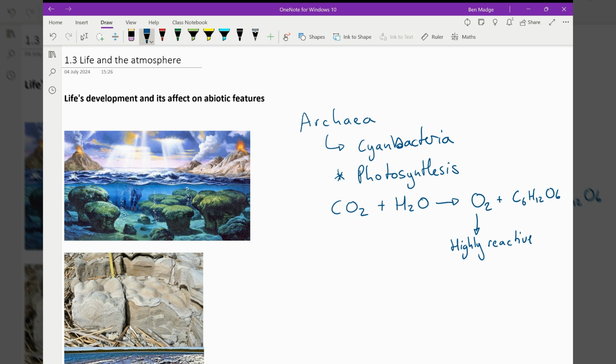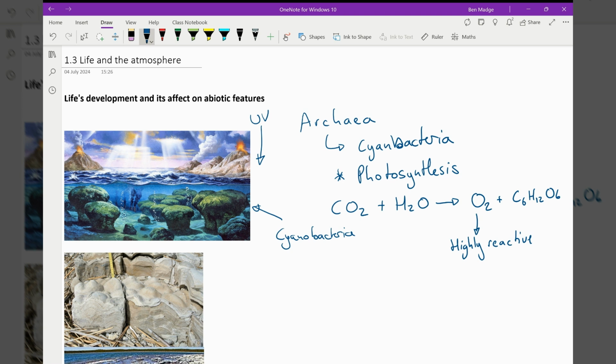As this developed and changed, we had these structures developing in the early ocean, and these are called stromatolites. So here we see this picture of this a cyanobacteria colony in like an early ocean, and you can see they're all under the water to be protected from UV radiation that is coming in from the sun.